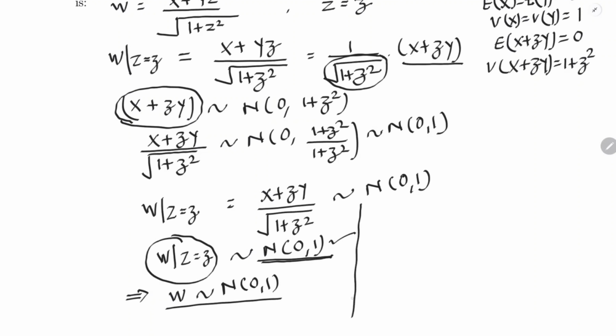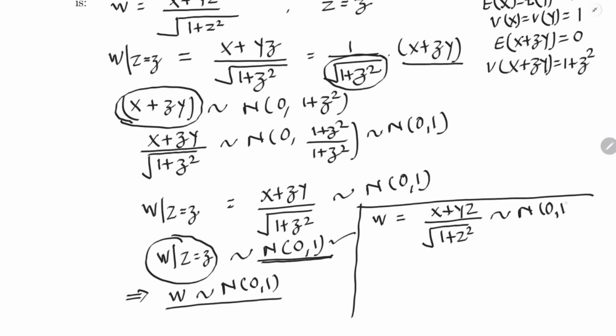So what we have obtained till here is that W, that is X plus YZ upon square root of 1 plus Z squared, follows a normal distribution with 0 comma 1. Now what will be the characteristic function of W? The characteristic function of W will be e to the power i mu t minus half sigma squared t squared.